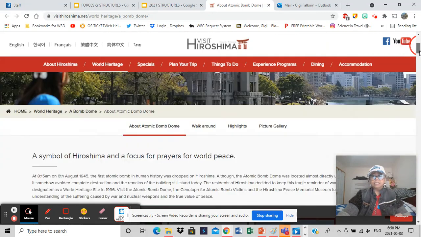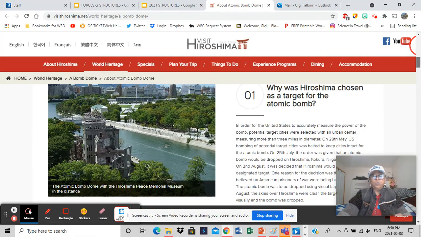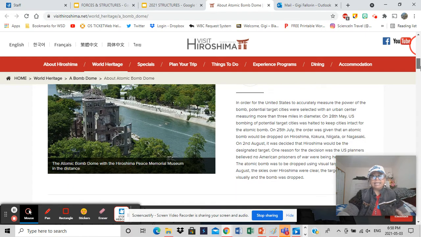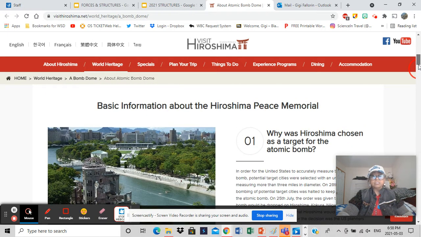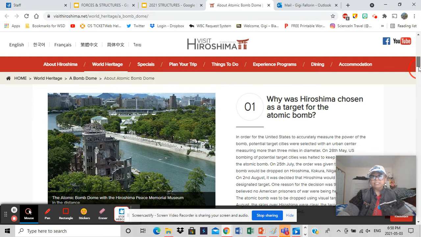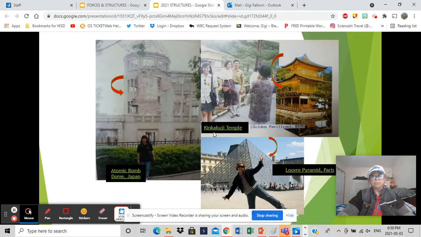Up to this date, one could still see the ruins of the center of the bombing. It was here where the atomic bomb was dropped, and it's good that it withstood the years. It's always a living testimony to the horrors of biological warfare. And yeah, that's one example.